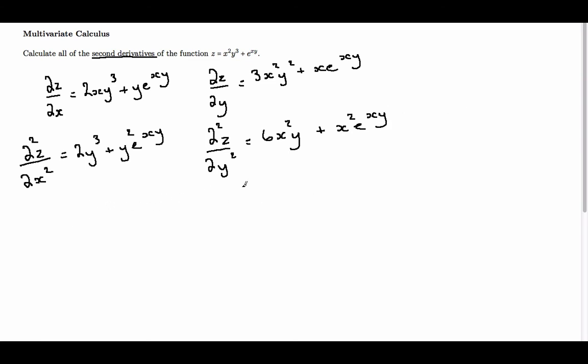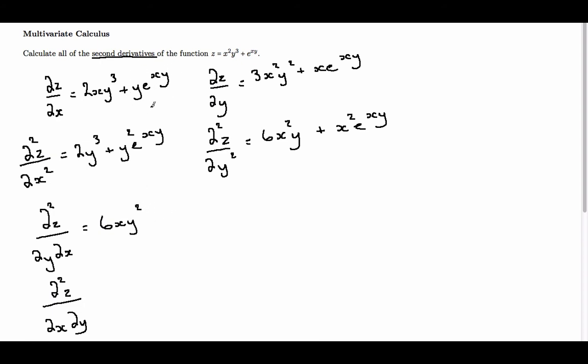So now we need to calculate the mixed partial derivatives, that is d2z by dx dy and d2z by dy dx. So this means take the first derivative with respect to x and differentiate it with respect to y. So that gives us 6xy squared.